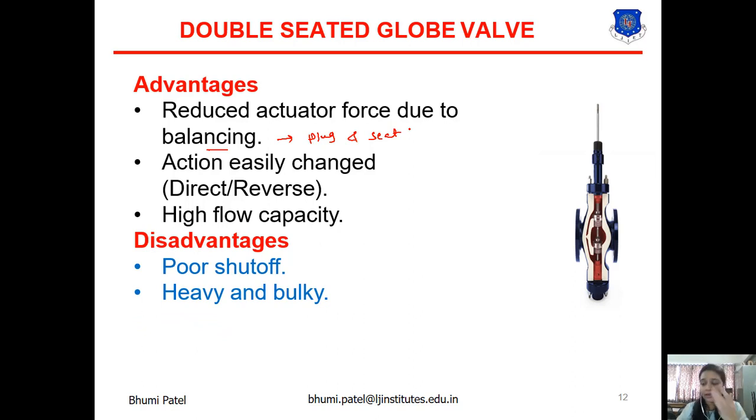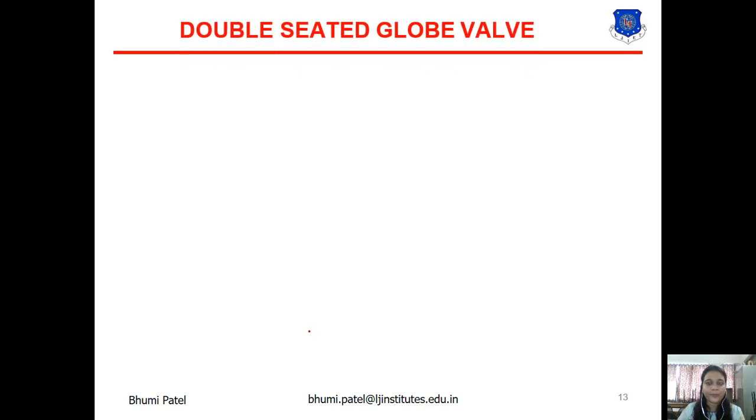Because here we use two plugs and two seats in the same control valve, so it is a heavy and bulky construction. Compared to the single seated valve, more parts are used, so servicing of the parts is again extra.